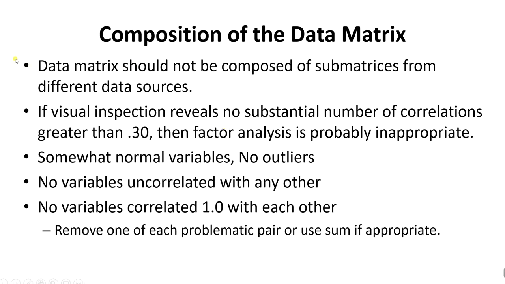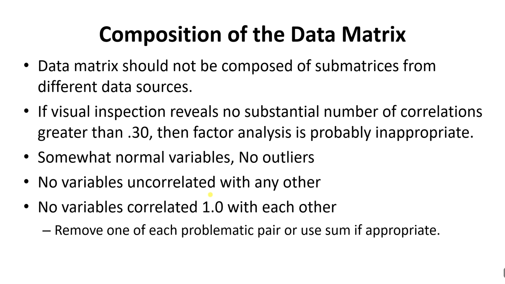I will discuss the correlation requirements next. The variables should be somewhat normal, with no outliers, and no variable uncorrelated with any other; a few are permitted, but not more than 10 to 15% near-zero correlations. If there are too many near-zero correlations, the data cannot be factor analyzed.